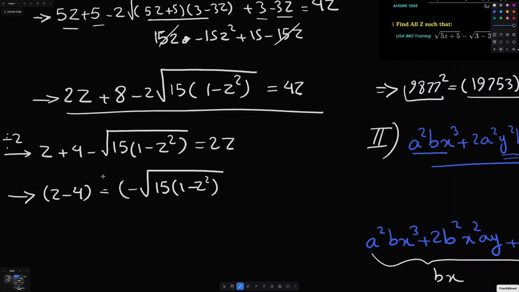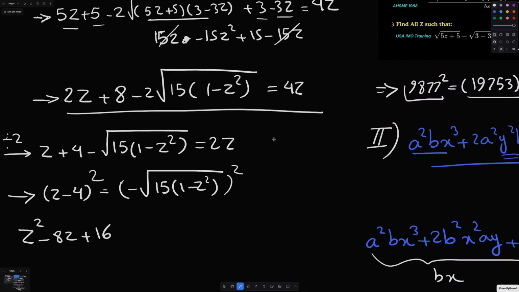And then as I have this, I'm going to take everything again to the power of 2 to get rid of the last square root. So what I have right now is z2 minus 8z plus 16. Again, I'm just taking this to the power of 2, so it's an identity.